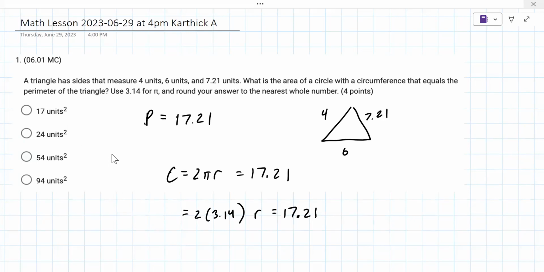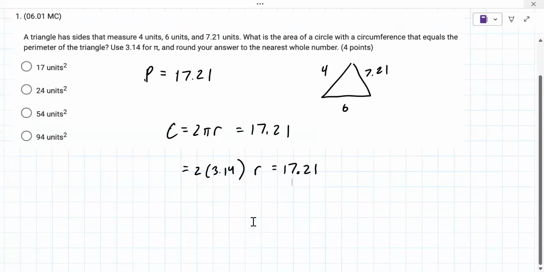Got it. You have to solve that for r, please. All right.